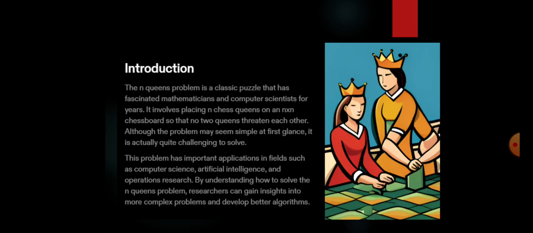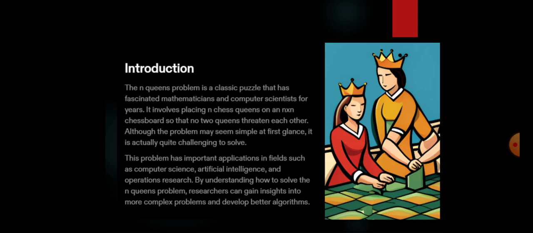When we are placing a queen in the first location, and then place the next queen in the second row, what are the things we have to consider? The queens cannot be placed in a straight line, and they should not be placed in a diagonal also, both in the backward direction as well as in the forward direction. We cannot place the queen in a horizontal direction, or in a vertical direction, or in a diagonal direction.